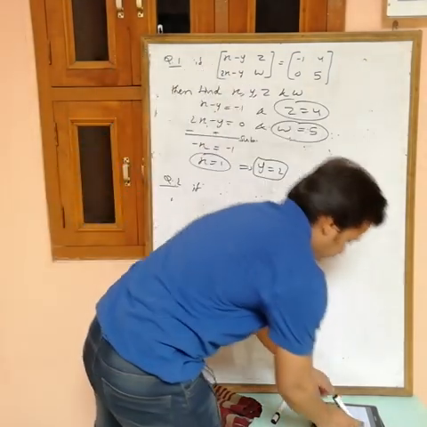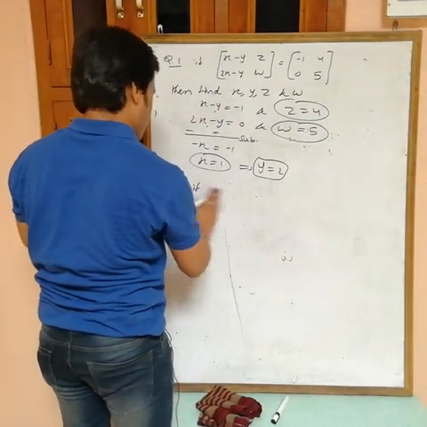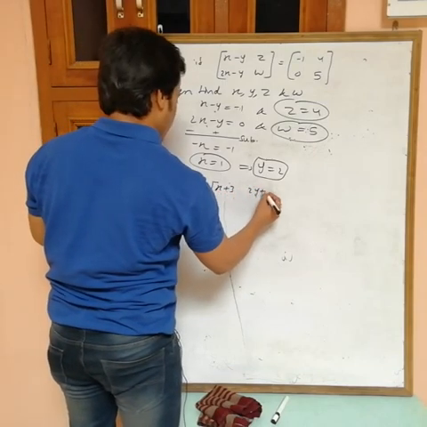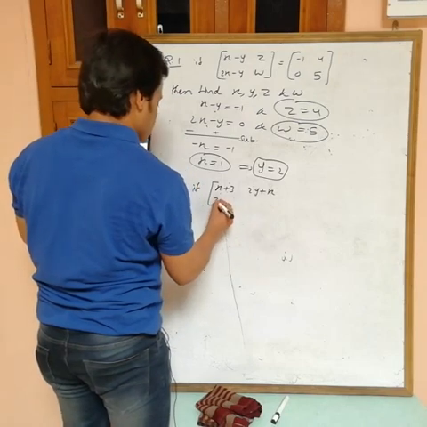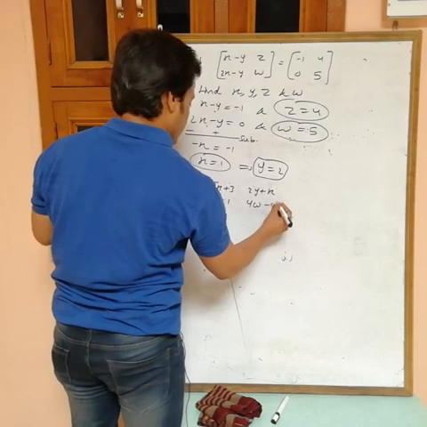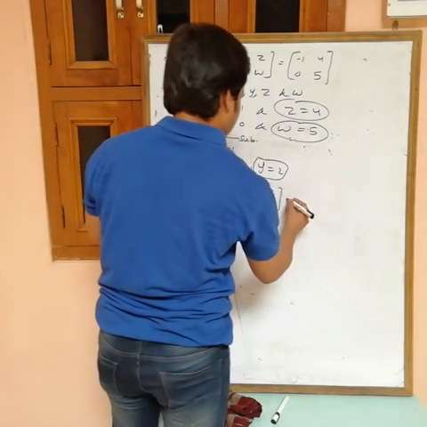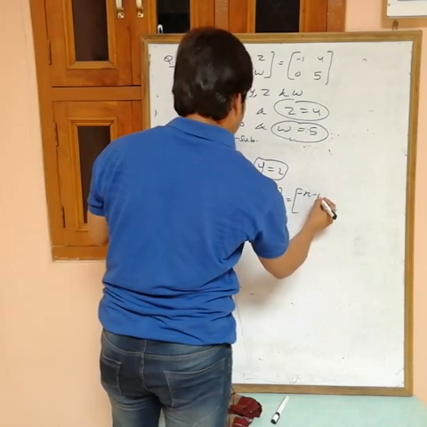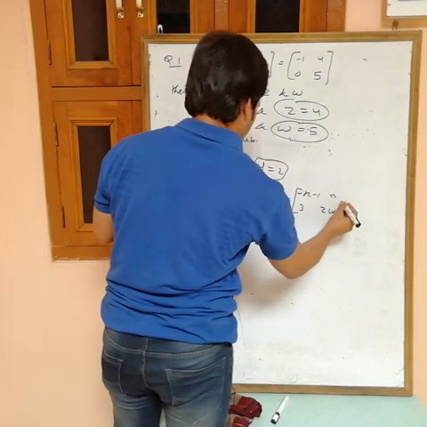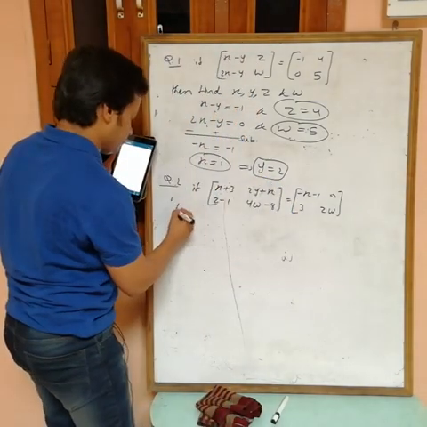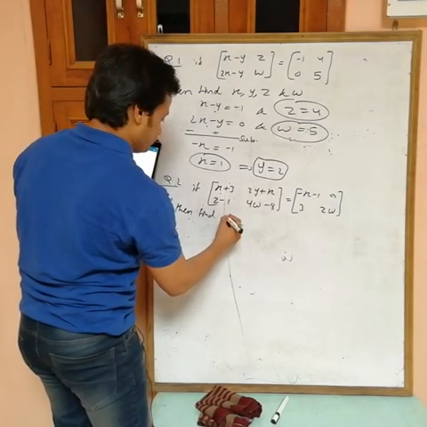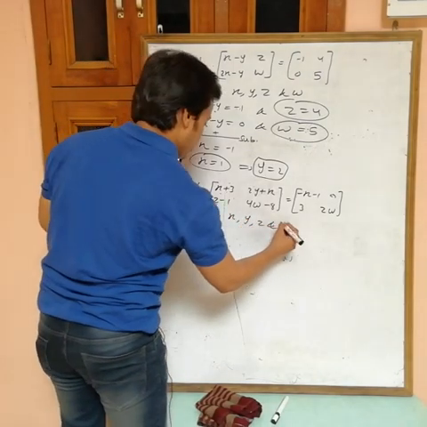Now try a question. If the matrix with rows x plus 3, 2y plus x and z minus 1, 4w minus 8 is equal to the matrix with rows minus x minus 1, 0 and 3, 2w, then find the values of x, y, z and w.